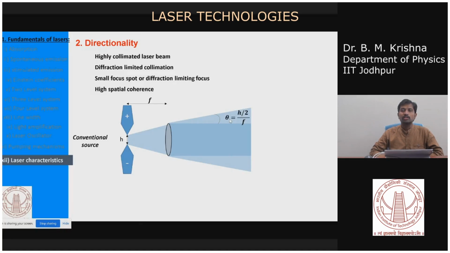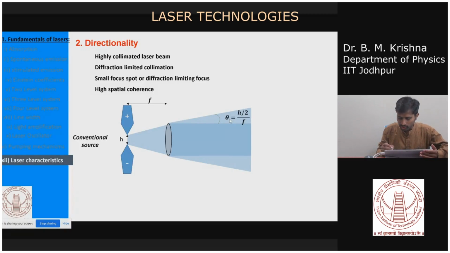And similarly, the other way, if your focal length increases, your divergence angle decreases. If focal length decreases, your divergence angle increases.